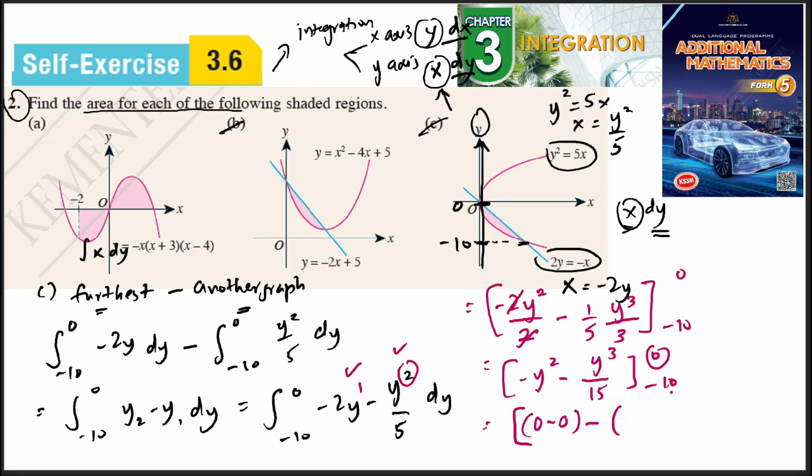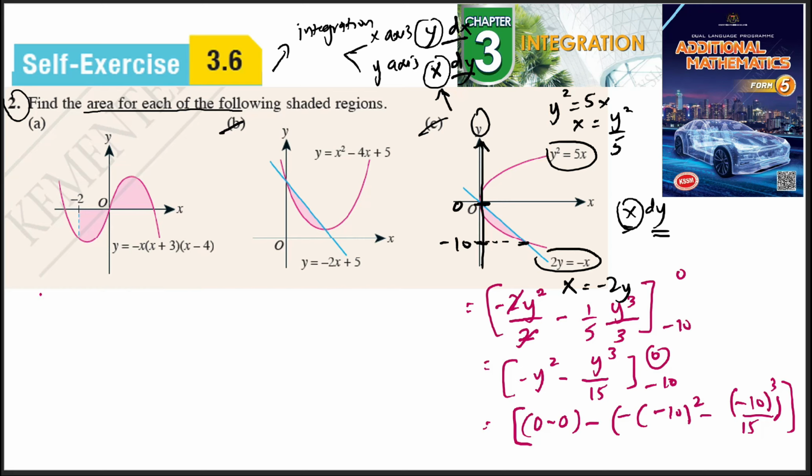Minus, the second one you substitute y with negative 10. So this one will be negative 10 square minus negative 10 cube divided by 15. Use your calculator. Negative 10 square is actually 100, so it's supposed to be negative 100.